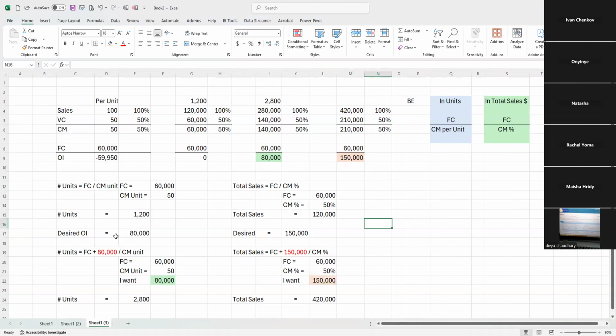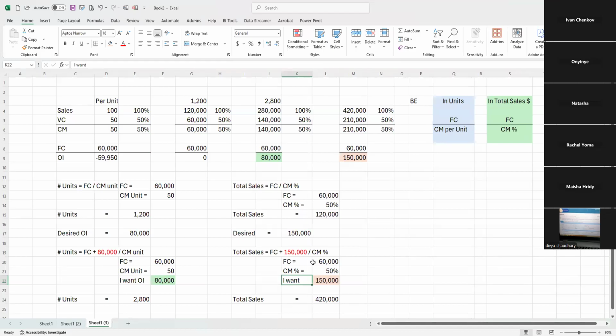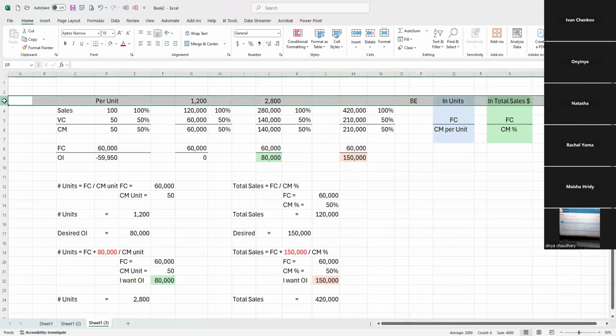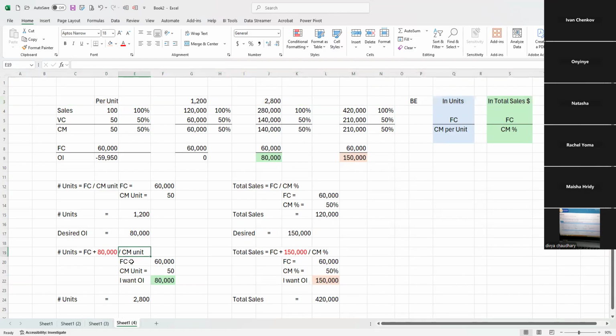So now this is when we get what we want, our operating income to be that much. Make sense? And same thing here. We want my operating income to be that much. Now I'm going to flip it on the other one. So now we have another problem.